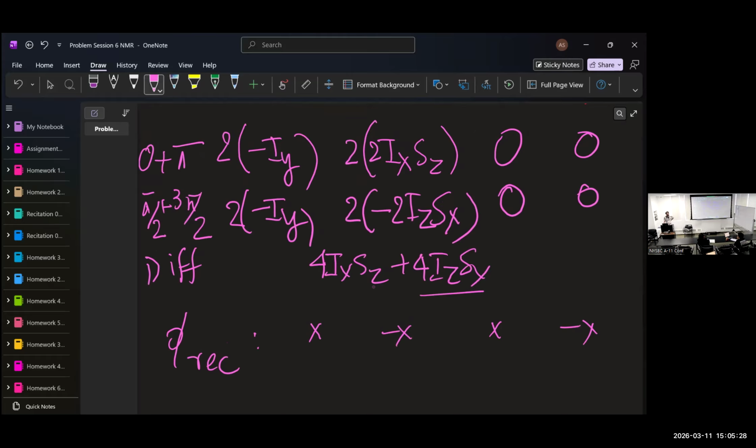Which one is diagonal and which one is off-diagonal? For that you think about what nucleus that coherence belongs to.